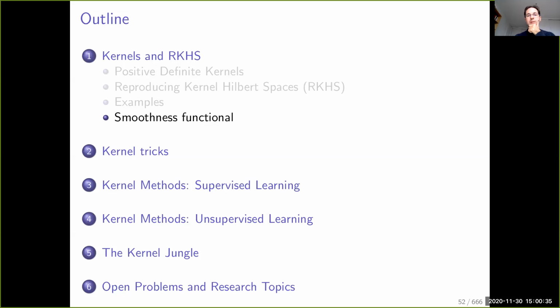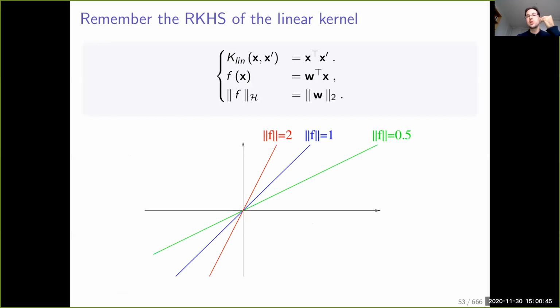Okay, and the last thing I want to present before we stop today is this part about smoothness functional. What it means is that I want to give you an intuition about the fact that the RKHS norm encourages some smoothness. So there is one slide.